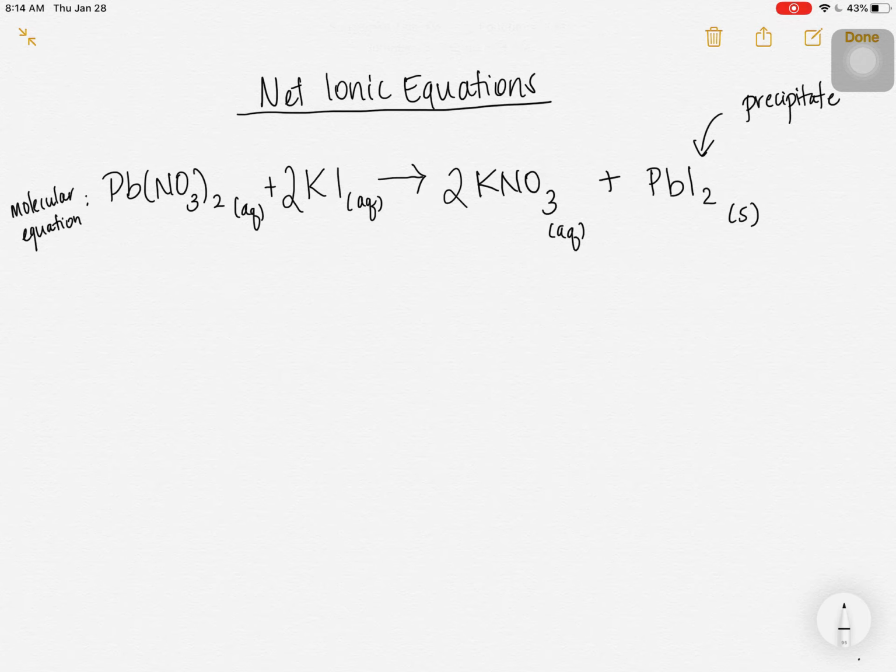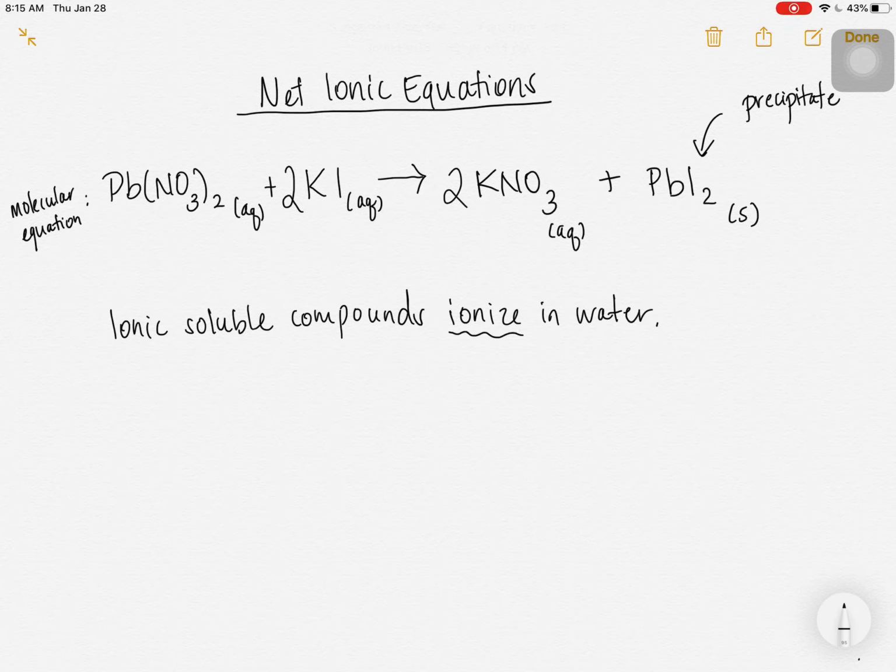And I hate to tell you that this isn't really what this reaction looks like on an atomic level, because there's something that we have to consider. And the thing we have to consider is that ionic soluble compounds ionize in water.